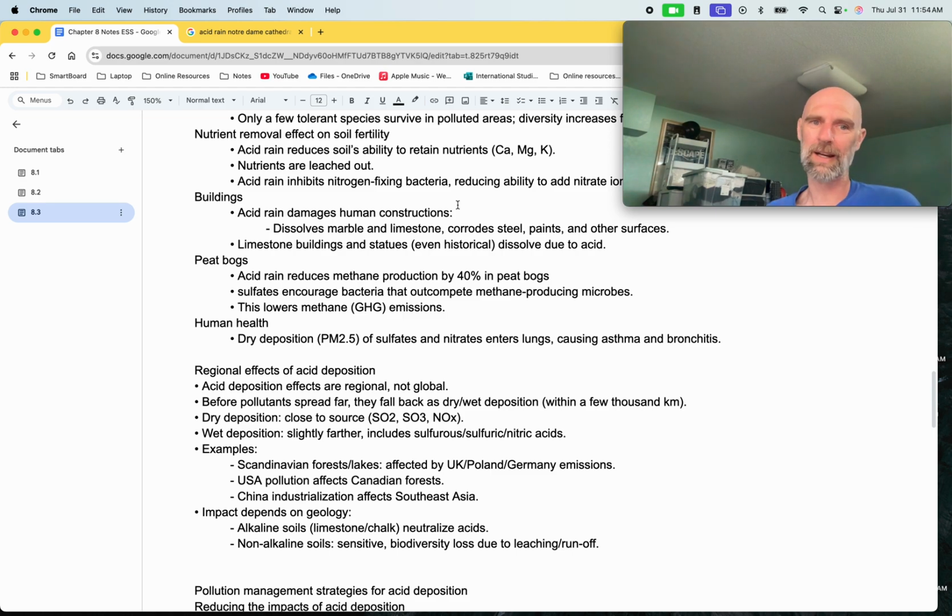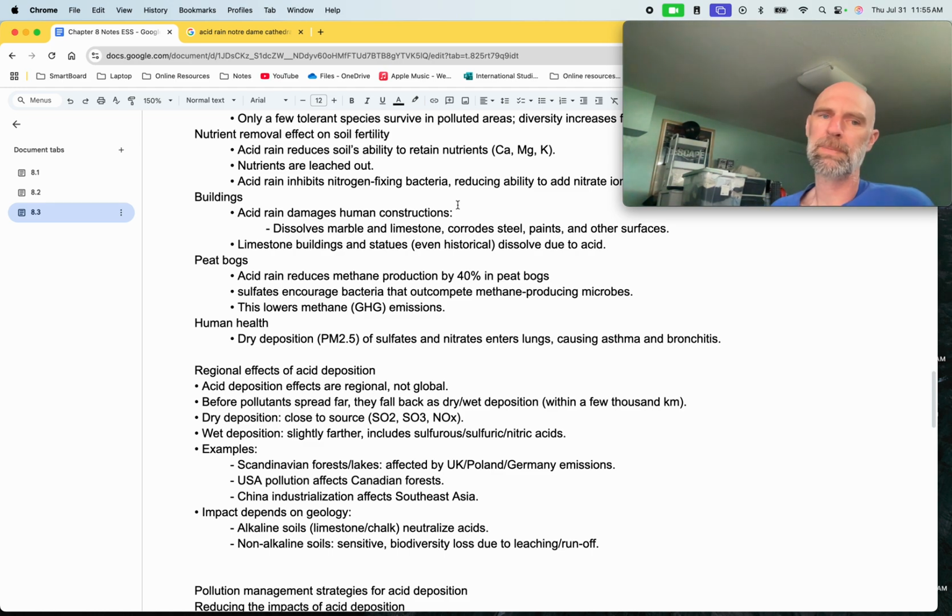Oh, sweet. Okay, a little bit of good, but generally though, jury's still out. I mean, jury is pretty much against acid rain. Human health. Ooh, dry deposition. Particulate matter 2.5 of sulfates and nitrates enter lungs, causing asthma and bronchitis. So yeah, it can have an effect on humans directly as well.